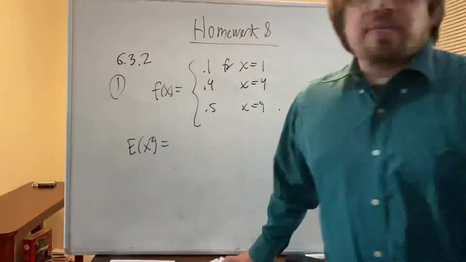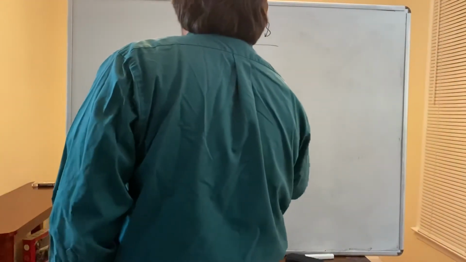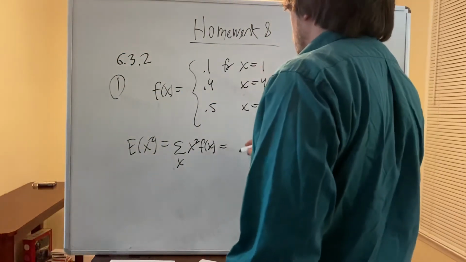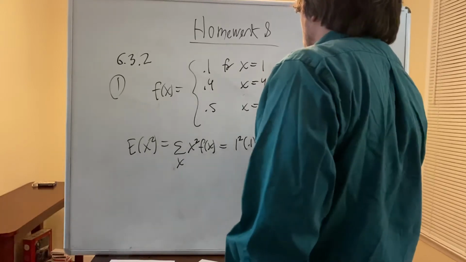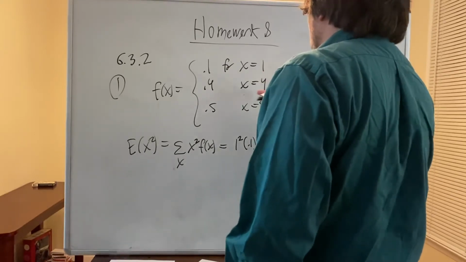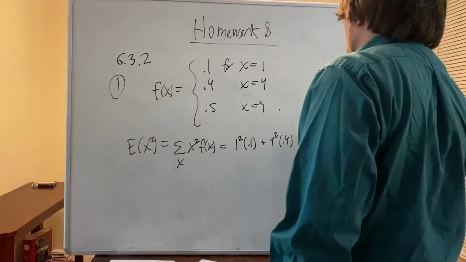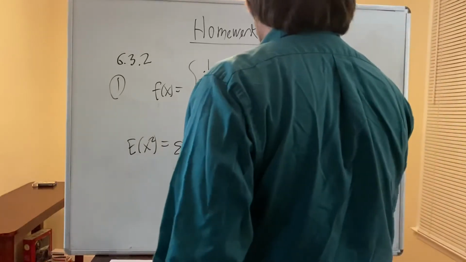So the E of X squared is the sum over all possible values of x squared times f of x. When x is 1, you get 1 squared times f of 1, which is 0.1, plus 4 squared times f of 4, which is 0.4, plus 9 squared times f of 9, which is 0.5.